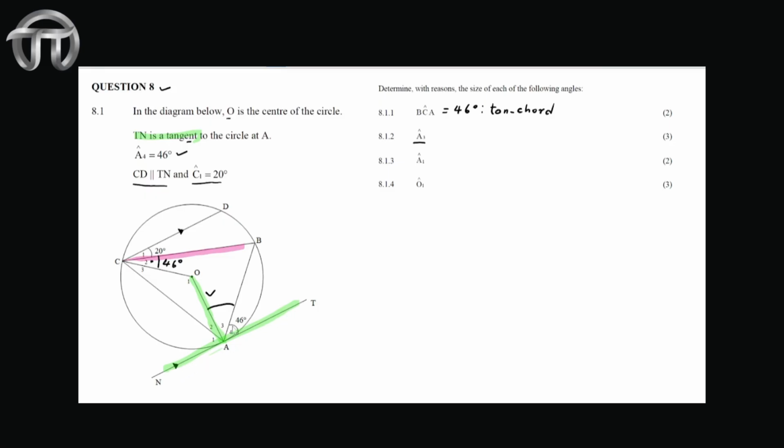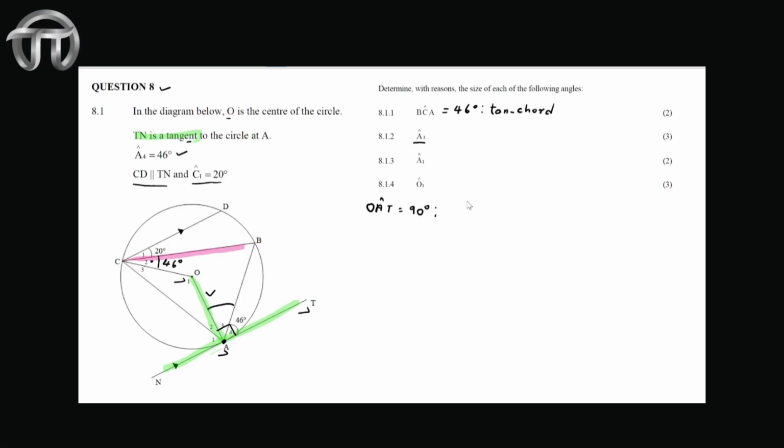So at this point of contact, the angle is 90 degrees because the radius is perpendicular to the tangent line. From O to A to T, the angle in total is equal to 90 degrees. So we can simply say that OAT is equal to 90 degrees.